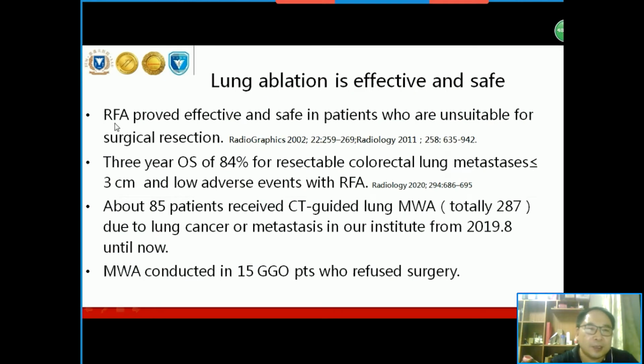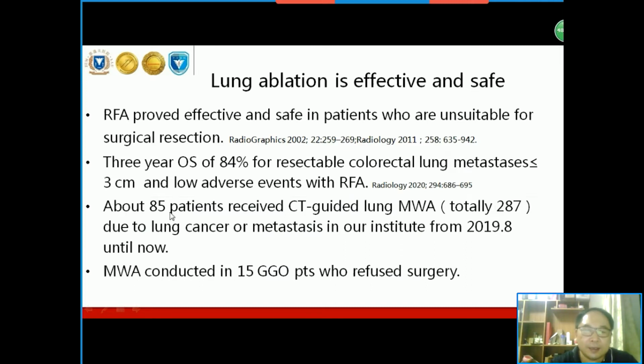It is reported that radio frequency ablation proved effective and safe in patients who are unsuitable for surgical resection, and has high overall survival of 84% for resectable colorectal lung metastasis less than 3 centimeters, with low adverse events.